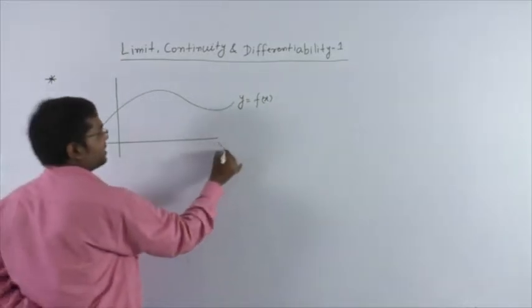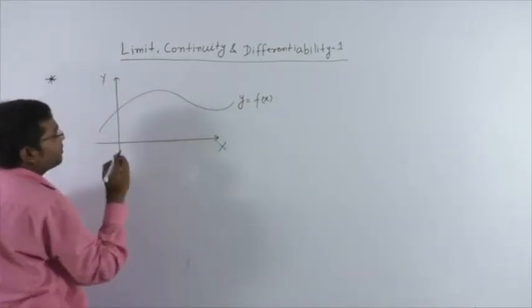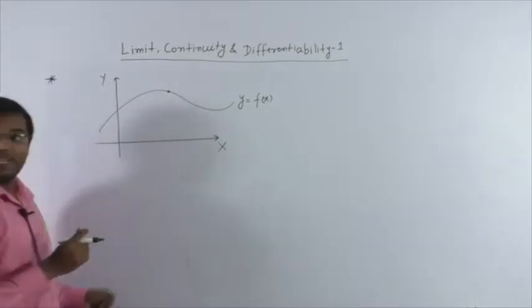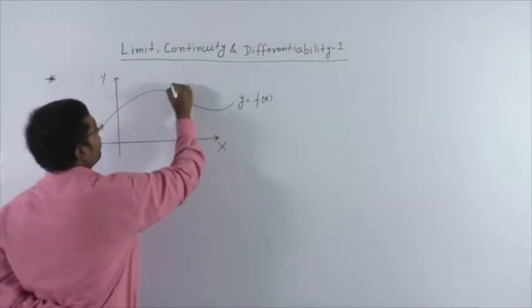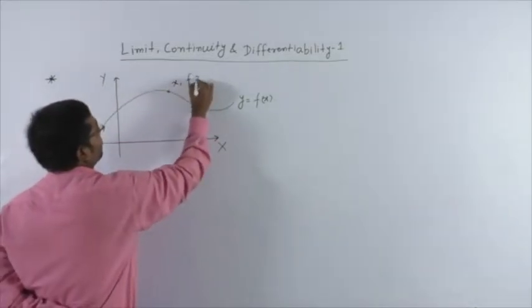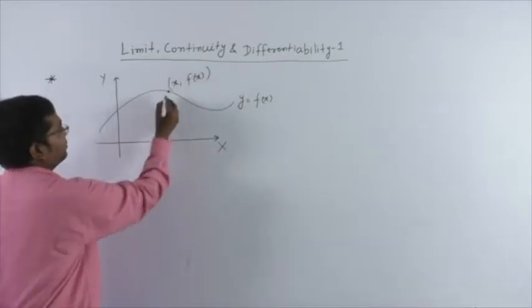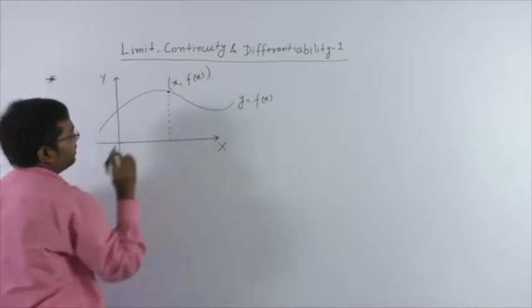This is our x-axis, this is our y-axis. Now consider this point. I am taking any point on this curve. Suppose that point is (x, f(x)). Let me draw it. Fine.